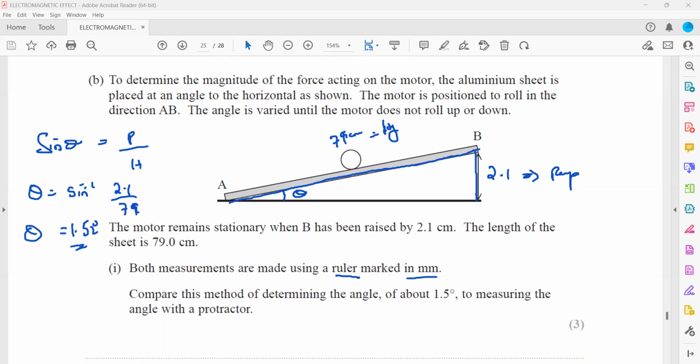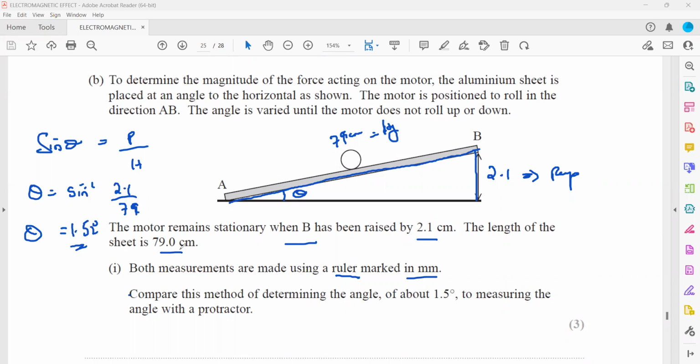If we use a protractor, what is the percentage uncertainty? The question says both measurements are made by using a ruler in millimeter, and the motor remains stationary when B has been raised to 2.1 and the length of the sheet is 7.9 centimeter.